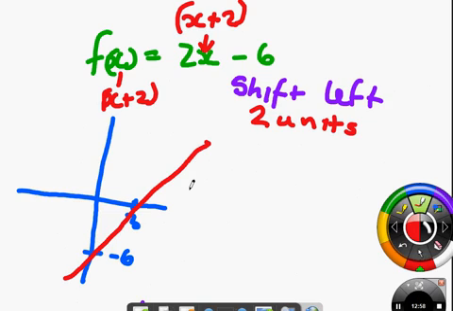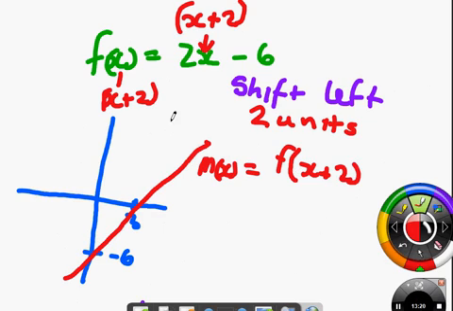Let's take our function m of x, I'm just going to call it m, is going to be f of x plus 2, like that. Replacing the x with x plus 2 would mean that I've got plus 2 there, then minus 6 there.